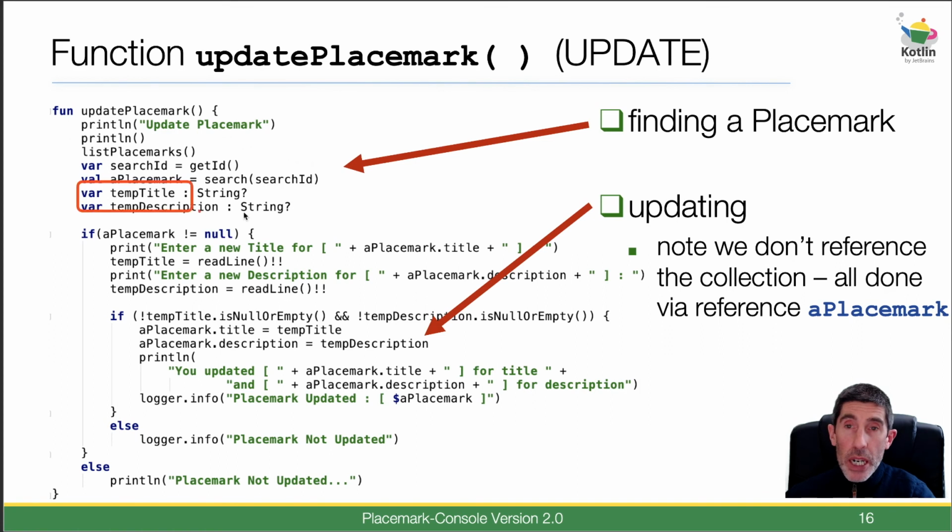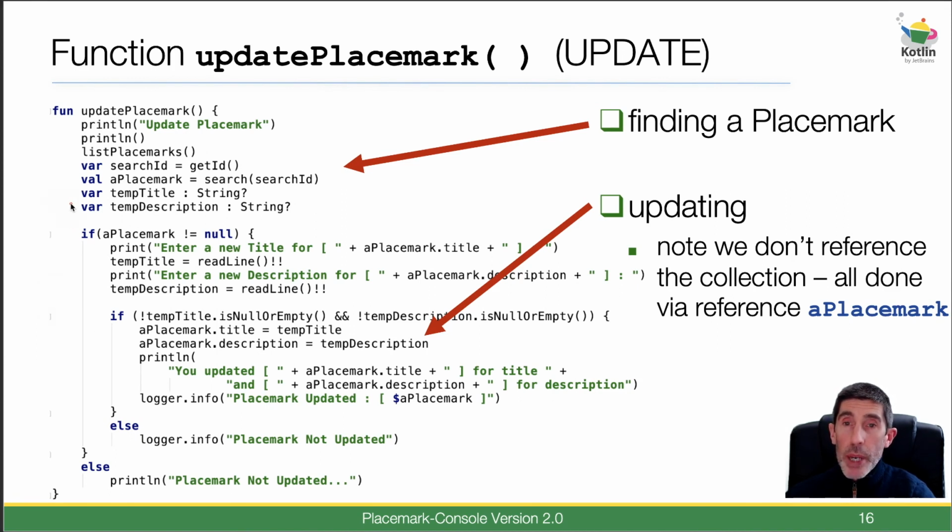We're declaring some local variables there, temp title, temp description, again allowing them to be null, because there is always a possibility that the user may press return when prompted to enter a title, and it could be empty. So we need to keep track of that. Potentially it could be null coming back.